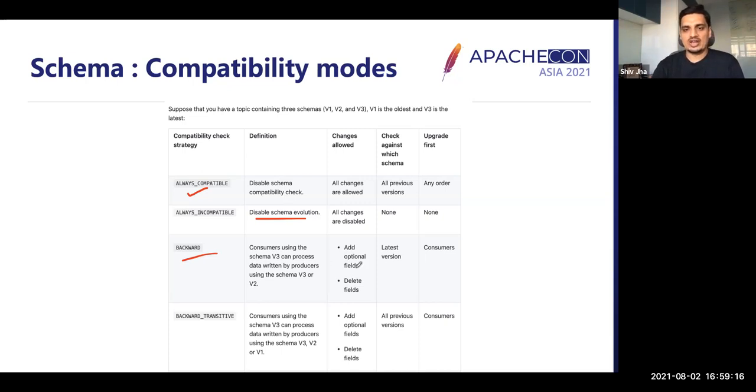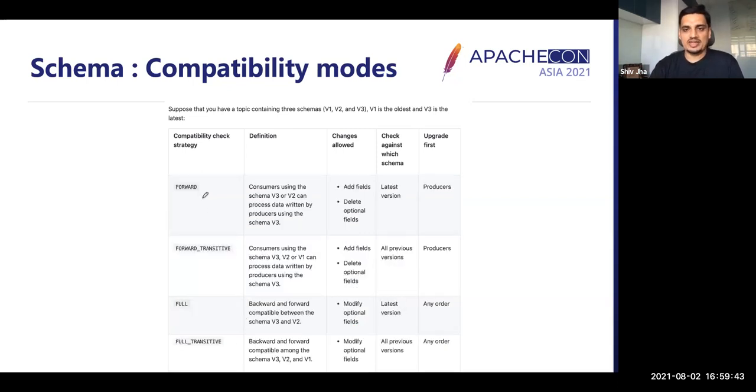In this mode, you can add optional fields, you can delete fields, and you have to upgrade your consumer first. Backward transitive is similar to backward, except for the fact that if you have a new schema V3 and V2 and V1 were already there, then V3 will be checked for backward compatibility against V2, and V3 will also be checked for backward compatibility against V1.